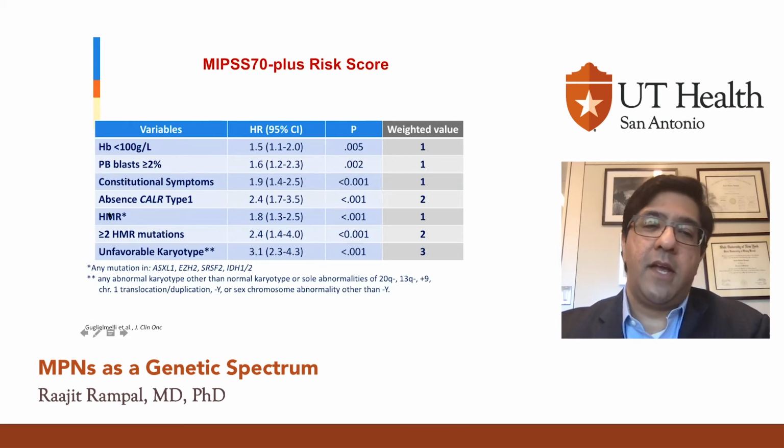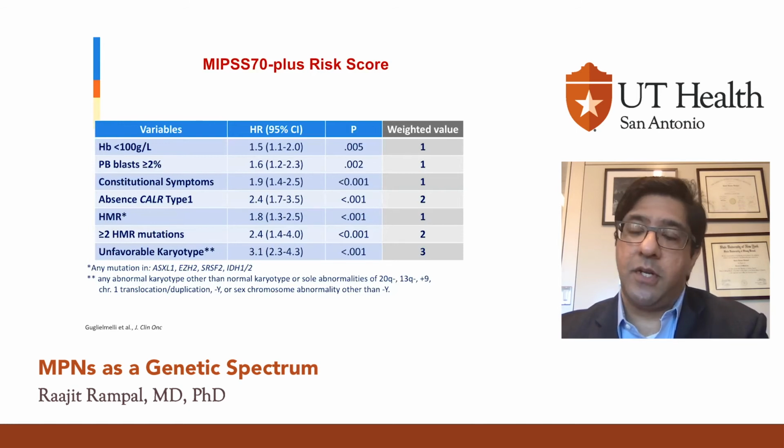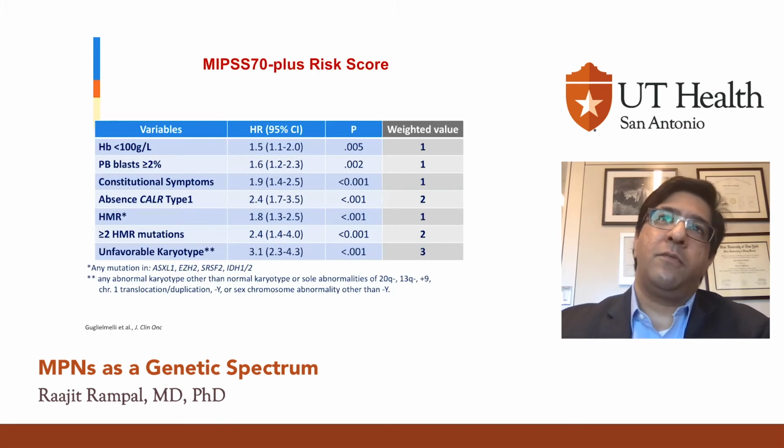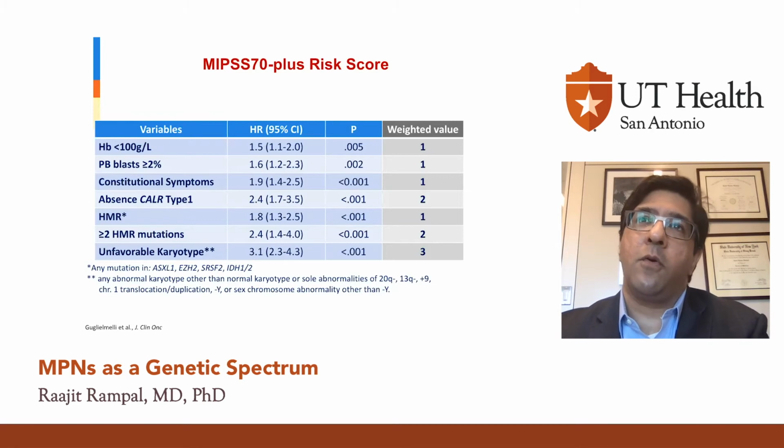And in this particular case, the absence of a type 1 CALR mutation, or the presence of high molecular risk mutations, which we've just discussed, ASXL1, EZH2, SRSF2, and IDH1 and 2, are all weighted to give us a patient's prognostic impact. And this is potentially practice changing, as patients who may have had a low risk profile now have an intermediate risk or high risk profile when the genomics are incorporated.